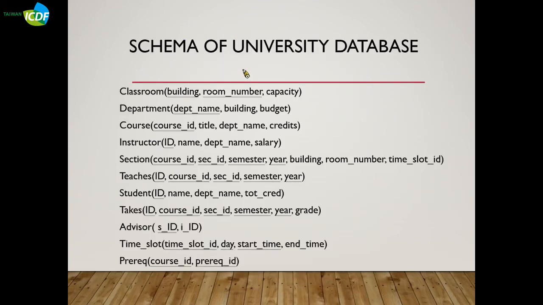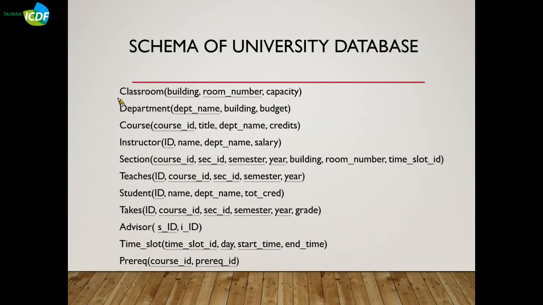Based on the concept of foreign key I just mentioned, now let's try to define foreign keys for each table of the university database. When we define foreign keys for each table, we have to consider the non-key attributes first.